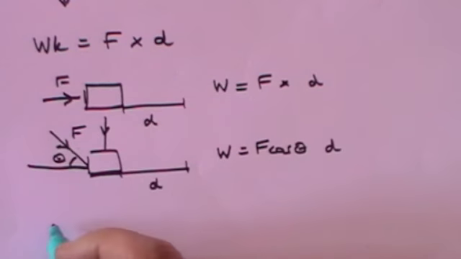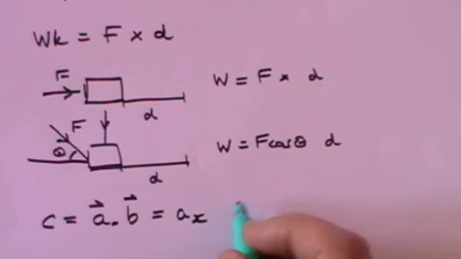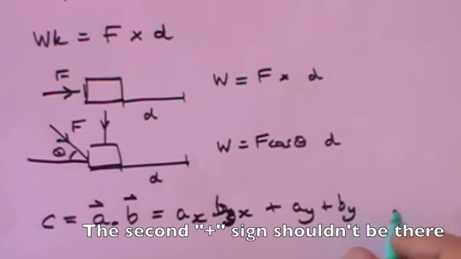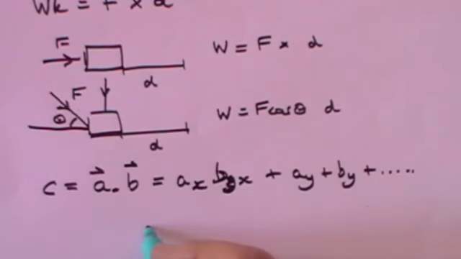Strictly speaking, for a dot product, when we say that C equals A dot B, what we really mean is that it is the component of A in the x direction times the component of B in the x direction, plus the component of A in the y direction times the component of B in the y direction, plus, if there are any more dimensions, the z direction or however many you've got, that's the way you do it.